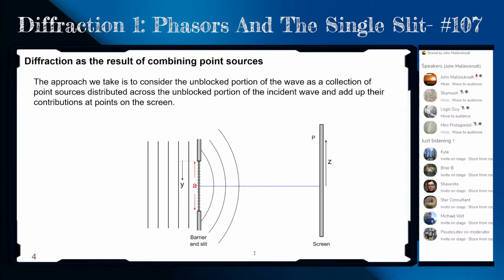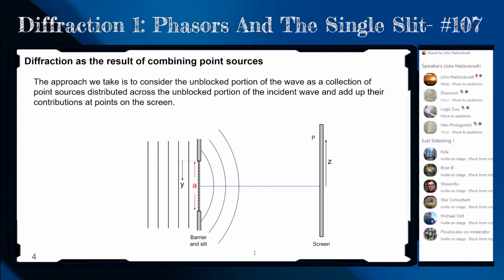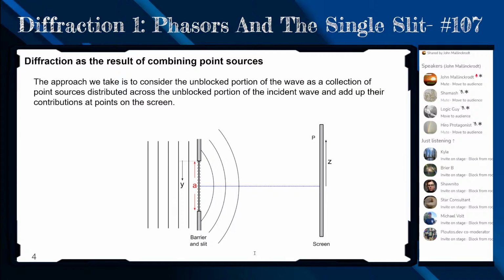If that aperture were very narrow, then essentially you just have a point source producing circular waves or spherical waves, like we saw in the middle or far right picture in the previous slide. But we're going to consider the light beyond the slit, and in particular on the screen over there at the far right, to just be what you get when you add up all the contributions from those individual sources.